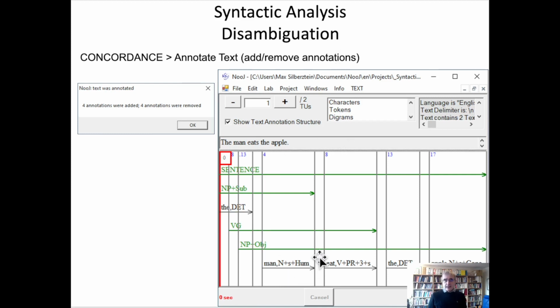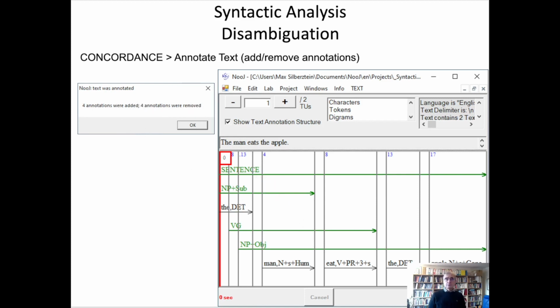If we do that, Nooj will automatically remove all the lexical annotations that are no longer used during the syntactic parsing. So basically, it disambiguates all the words. Remember that "man" could be a verb; no longer. Now, "man" is only a noun. Four structural annotations were added, the green ones, and four lexical annotations were removed.